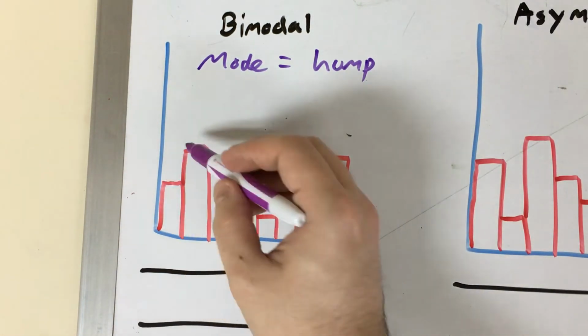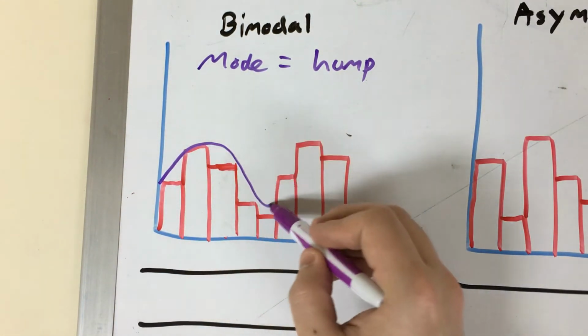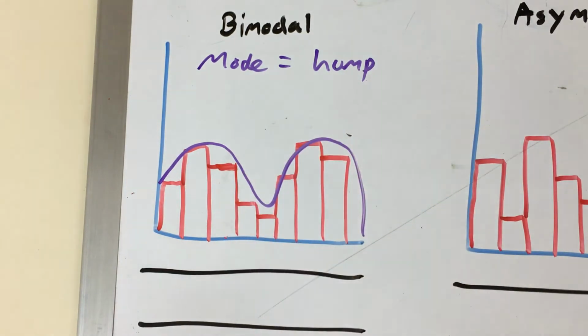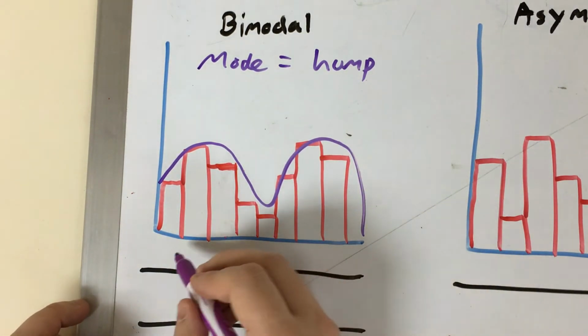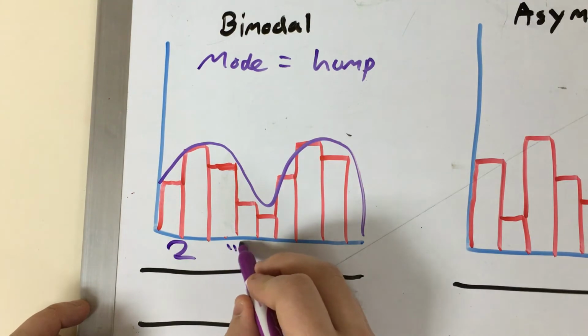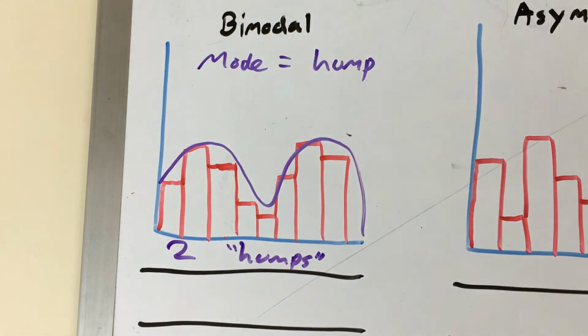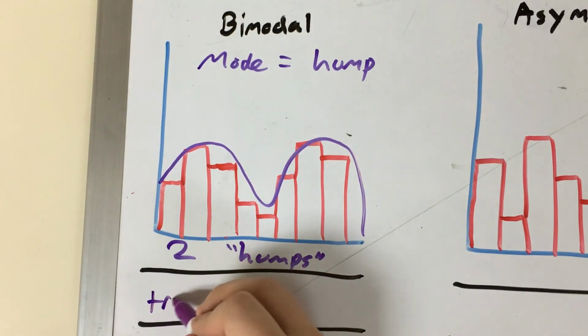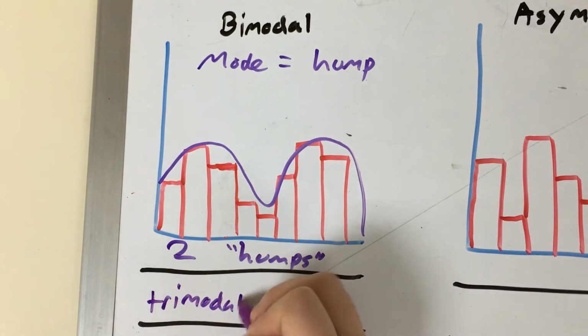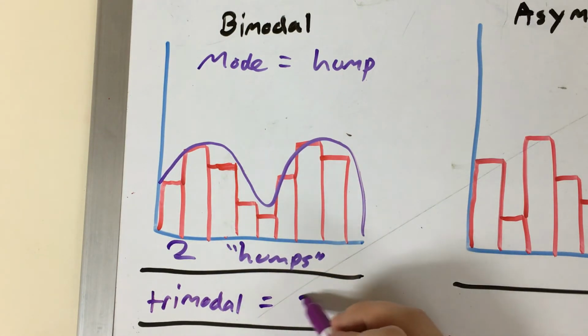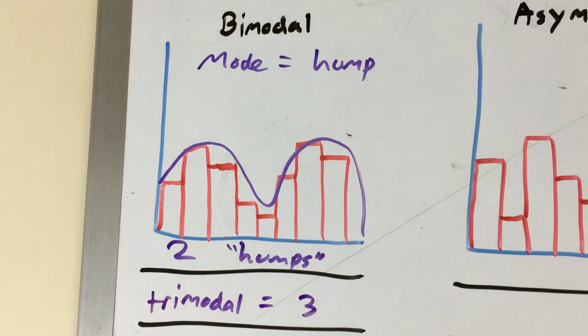And a bimodal distribution, we can see, ends up having 2 such humps. So that's the basic idea of a bimodal distribution. It just has 2 humps, and a related word is trimodal, which is going to have 3 humps, as you could probably guess from the prefix tri.